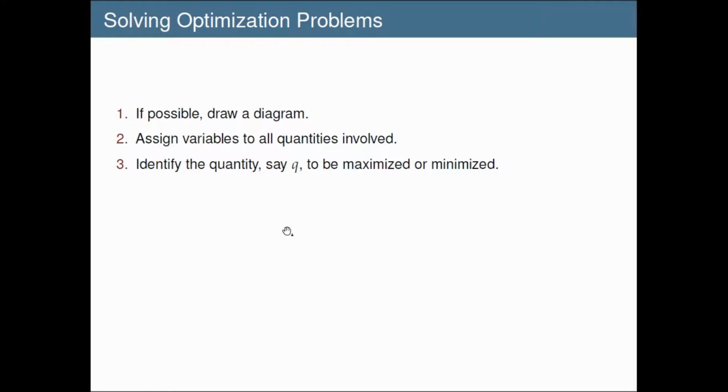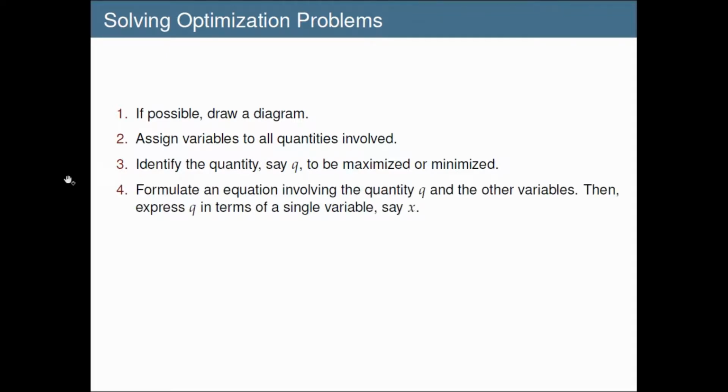Para masabi natin yung mga iba pang steps, tawagin natin yung quantity na yon to be Q. Next, formulate an equation involving the quantity Q to be maximized or minimized and the other variables. Then express Q in terms of a single variable. Let's say X.